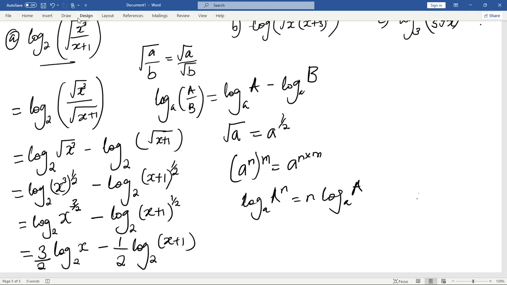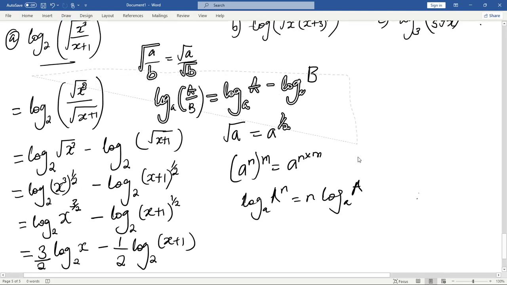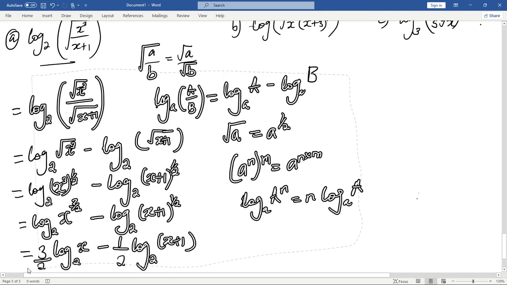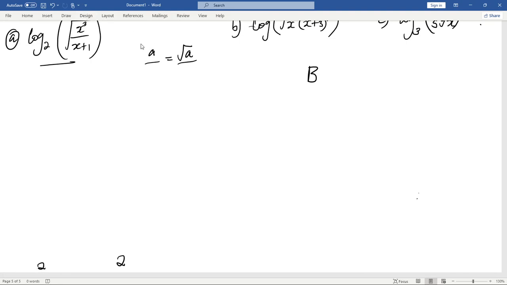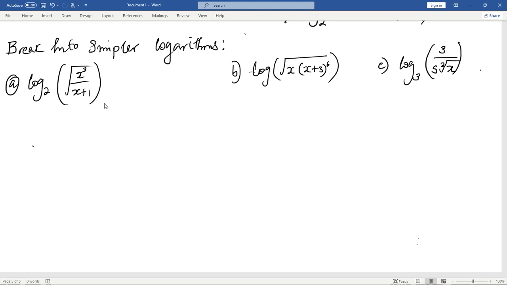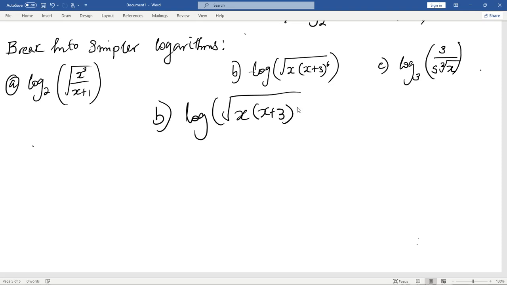Okay, let's look at b here. For b, we have log of the square root of x times x plus 3 to the power 6.